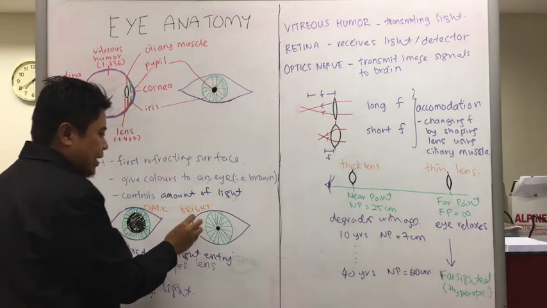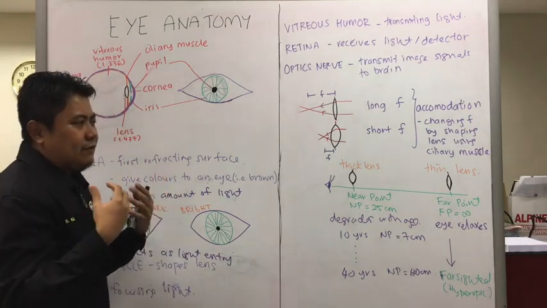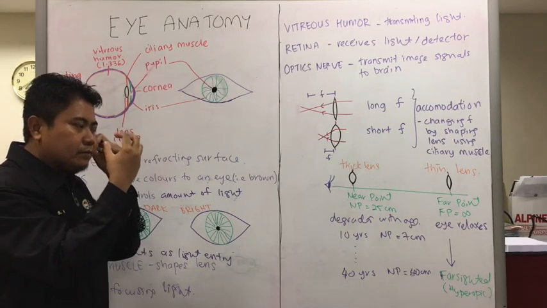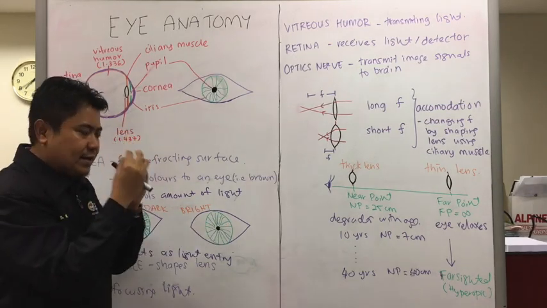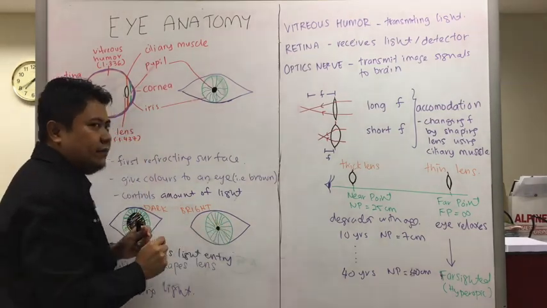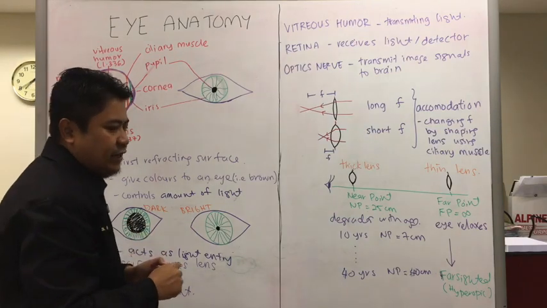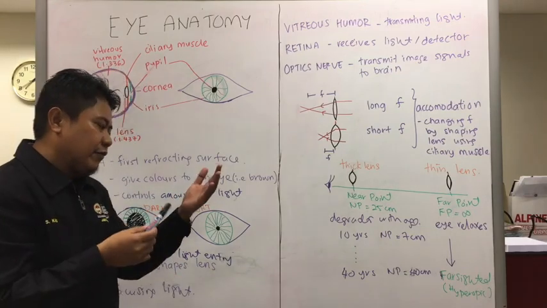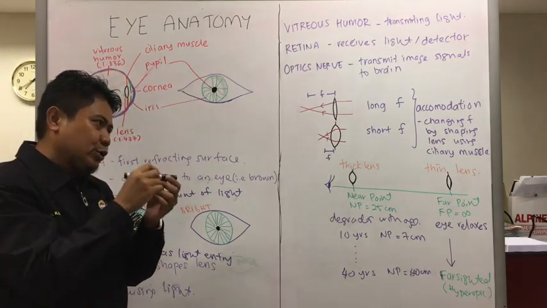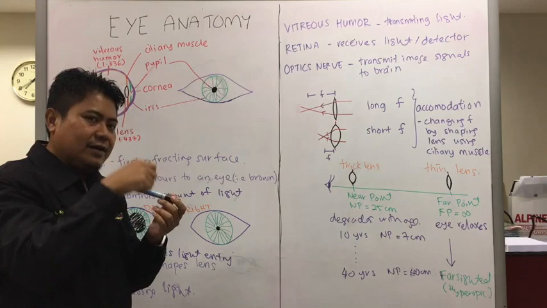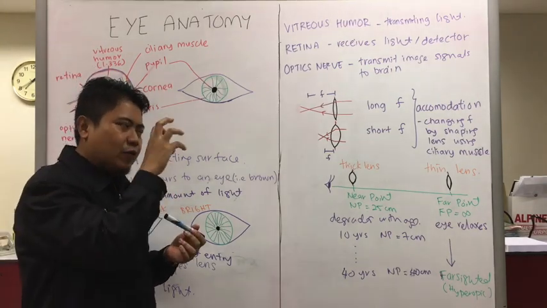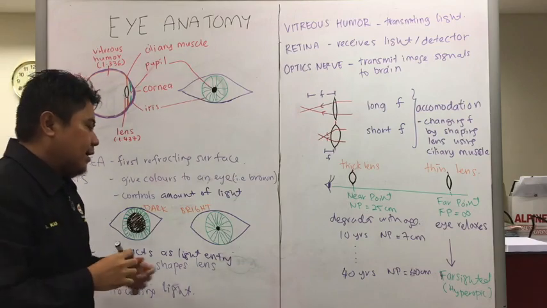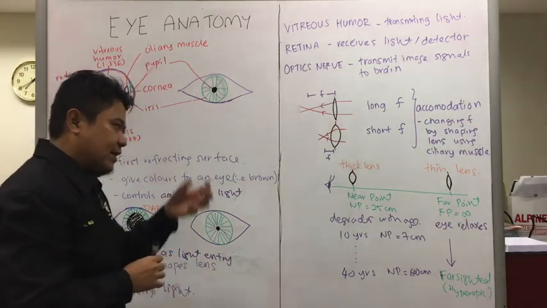And if we have a very bright condition, our iris will try to limit the size of the pupil. You can also check this if you have a source of light. You can try to illuminate your friend's eye and see how the iris changes according to how much light is being shown on it.